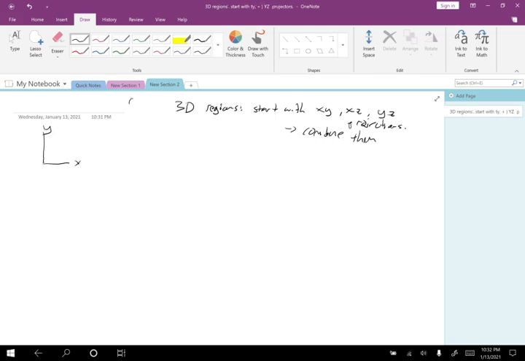And remember, I'm just going to rewrite the points that we have. 0, 0, 0. Then we have 2 in the first one. We have 2 in the second one. And then finally we have 2 in the last one. So if I get rid of the last components, then really what we have is 0, 0. We have 2, 0. And we have 0, 2.